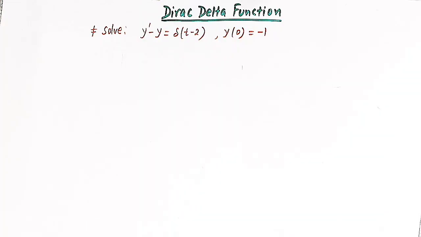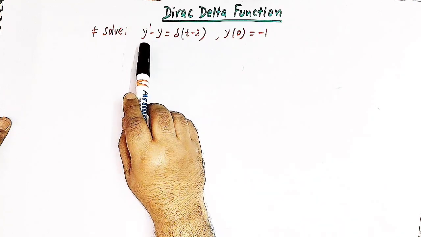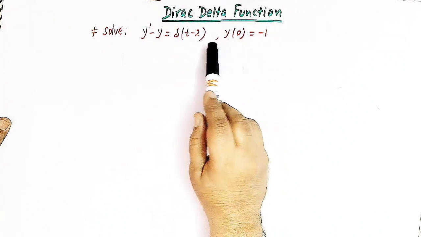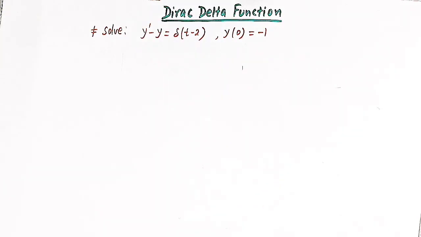Hello viewers. In today's session, we are going to discuss another differential equation involving the famous Dirac delta function, right? So here in this class, we are going to solve this differential equation, that is y prime minus y is equal to delta of t minus 2, and the initial condition is given as y of 0 is equal to minus 1, right?